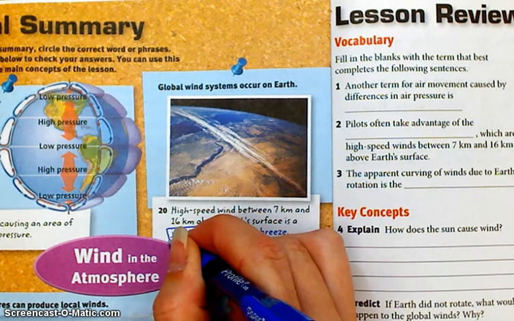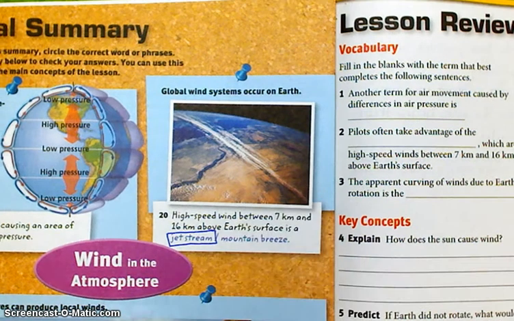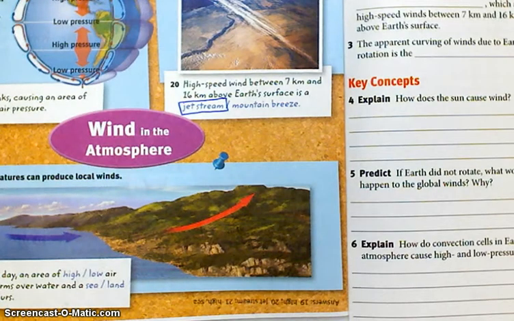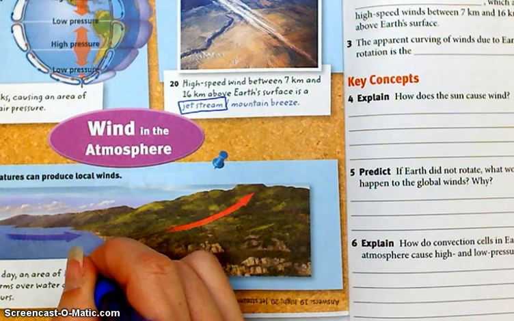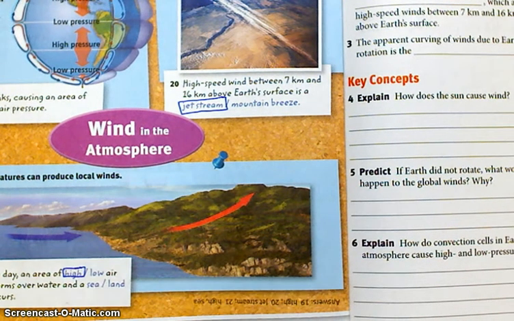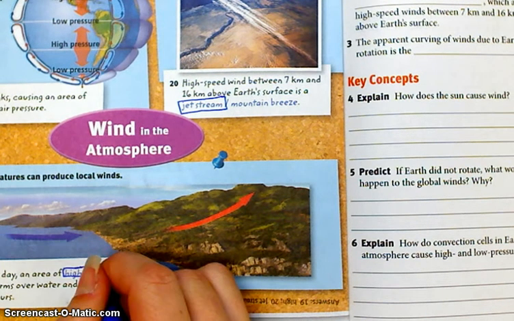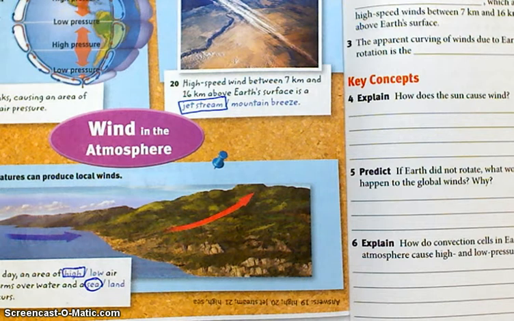Remember, we just talked about that. That's the jet stream. During the day, an area of higher pressure forms over the water, because that's where the air is cooler. And because of that, we have a breeze blowing off the sea, and that's called a sea breeze.